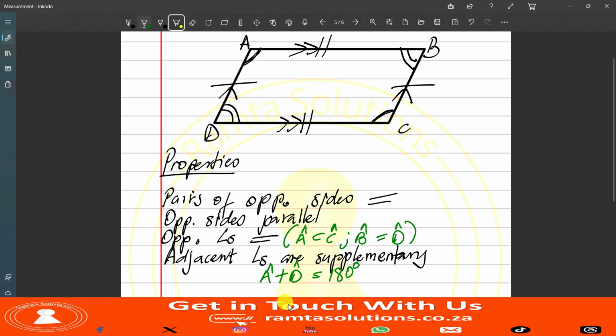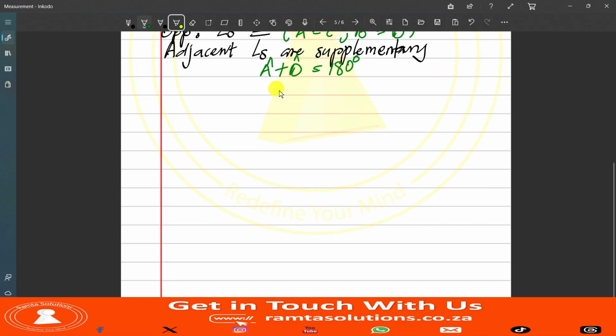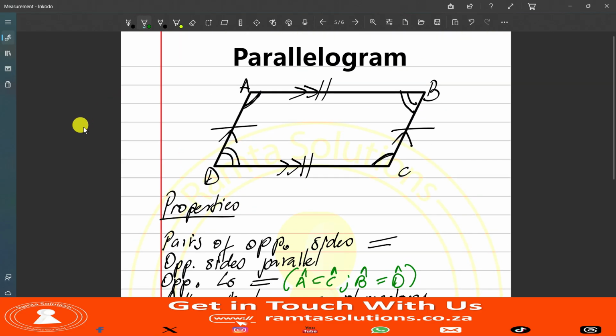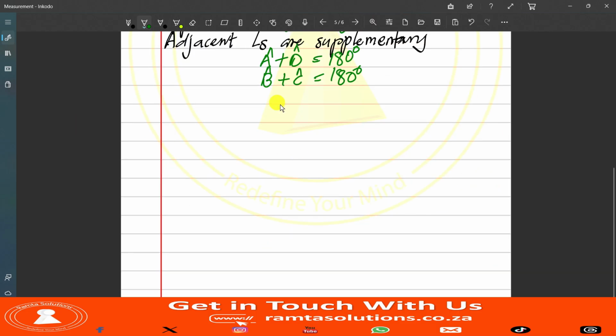You can also say angle B plus angle C is equal to 180 degrees. Or as well, you can say angle A plus angle B is equal to 180 degrees. In the same way, angle C plus angle D is equal to 180 degrees.